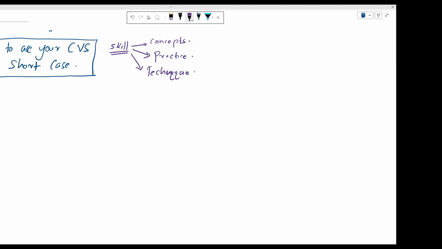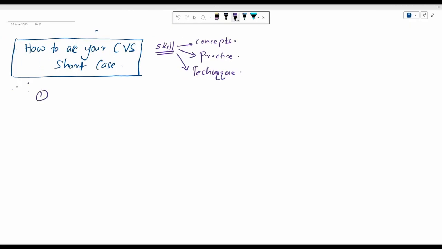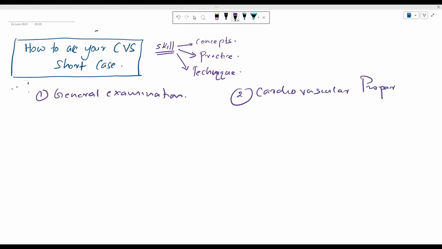So basically, we divide the examination sequence into a general examination and a cardiovascular proper examination, right?